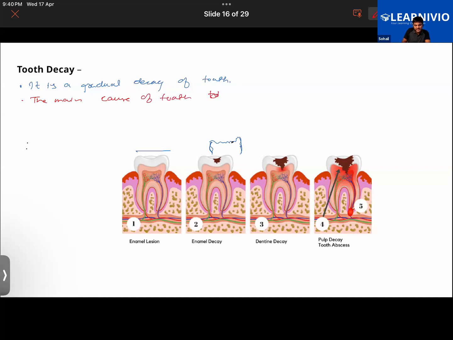Tooth decay. Guys, you can start writing as well. Give the headline tooth decay and start writing. Meanwhile, listen to me also.